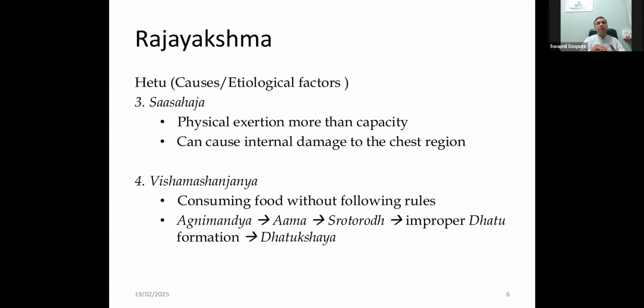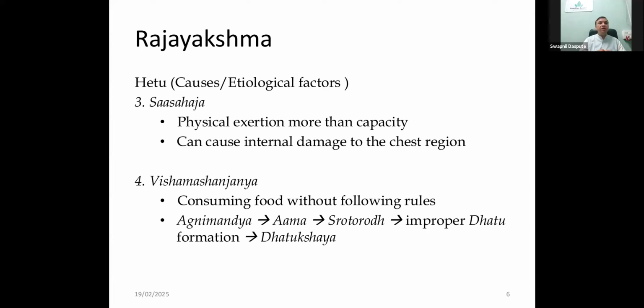Samskara is something which should not be heated, or should not be fried, or should not be mixed with something, and some samskara is done on that. So, that is the food rules. If that is done on a regular basis, then the formation of dhatus does not happen properly, and the patient can end up in Vishamashana Janya Rajakshma.